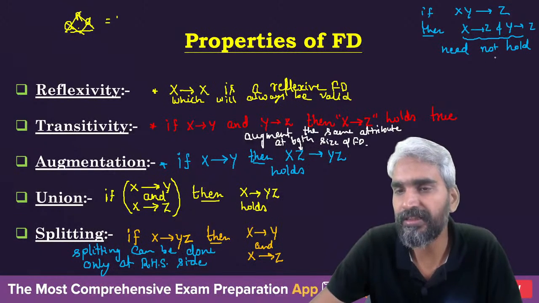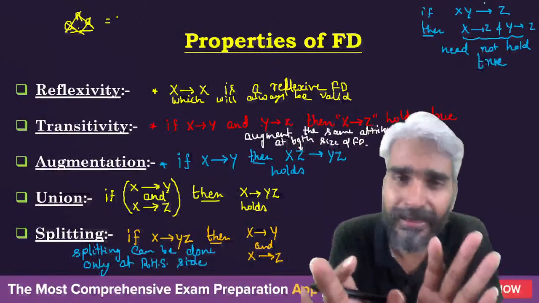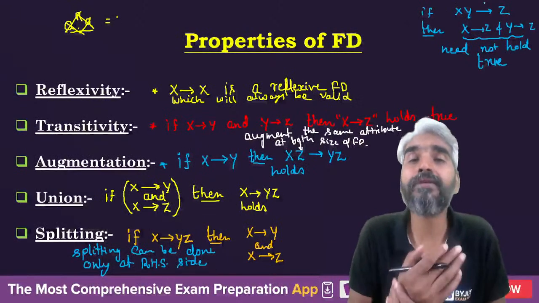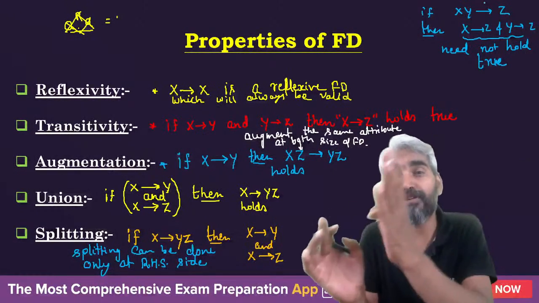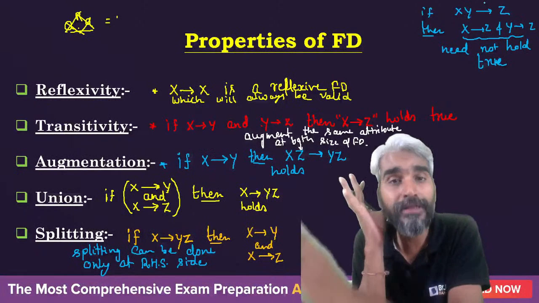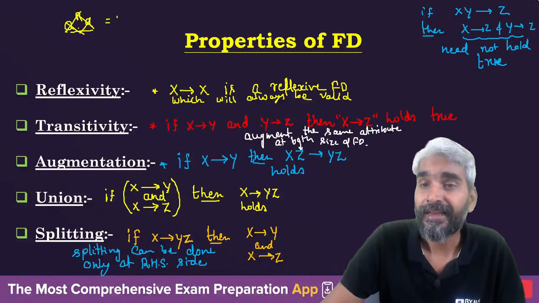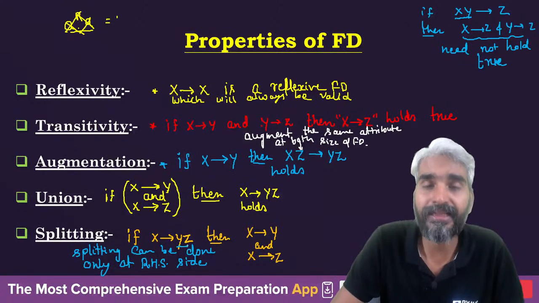Something which need not hold true, we cannot define as a property. Why? Because X and Y together can give you the information of Z, but it does not mean that X alone can give you the information of Z or Y alone can give you the information of Z. Got the idea? So splitting cannot be done at the LHS part. Splitting can be done only at the RHS side.